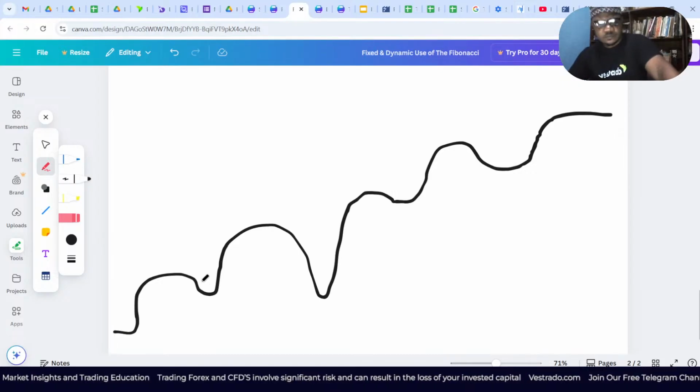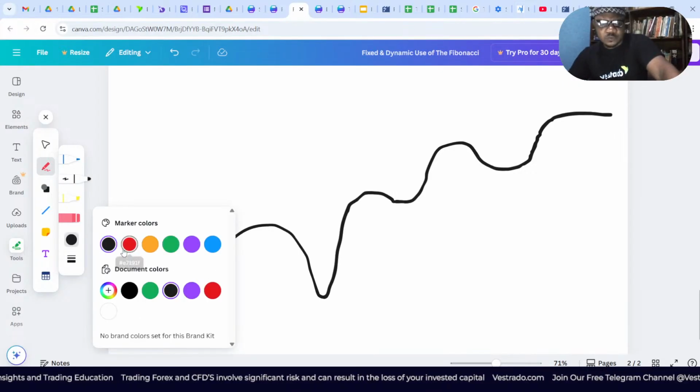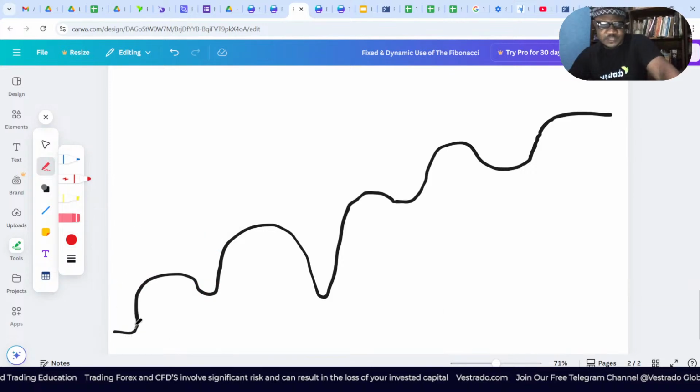Now, typical literature will tell you to start drawing Fibonacci from, say, the beginning of the trend being this guy right here, and then the end of the trend, let's call it J. Beginning and end. This is where you start from.